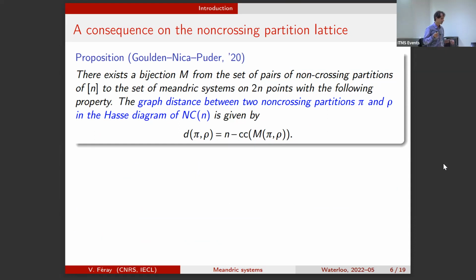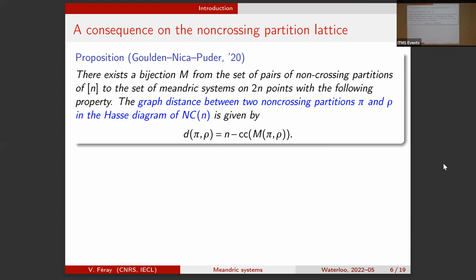You know that on non-crossing partitions you have an order structure by refinement. Then you can consider the Hasse diagram, which is the graph of cover relations in this poset. This is an oriented graph, but you can forget the orientation, and then you have a notion of distance in this graph.